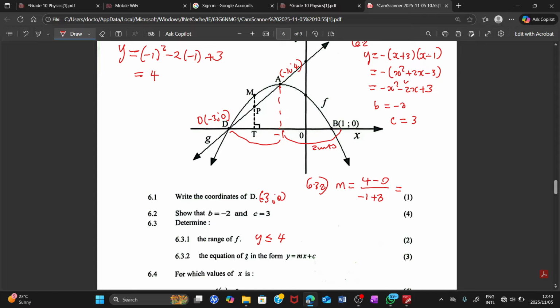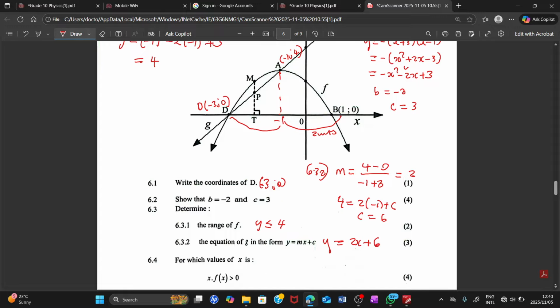So the answer will be positive 2. Then you say 4 is equal to 2 into minus 1 plus c. So our c will be 6. So the equation is y equals 2x plus 6. Don't forget, guys, it's 2x plus 6.